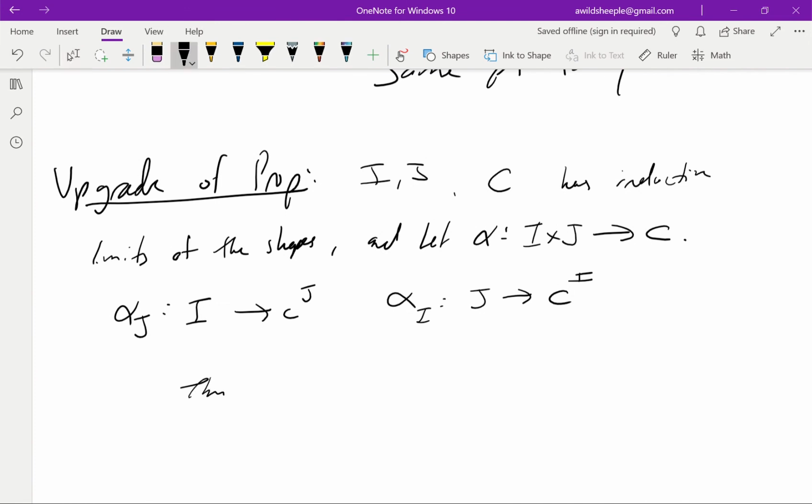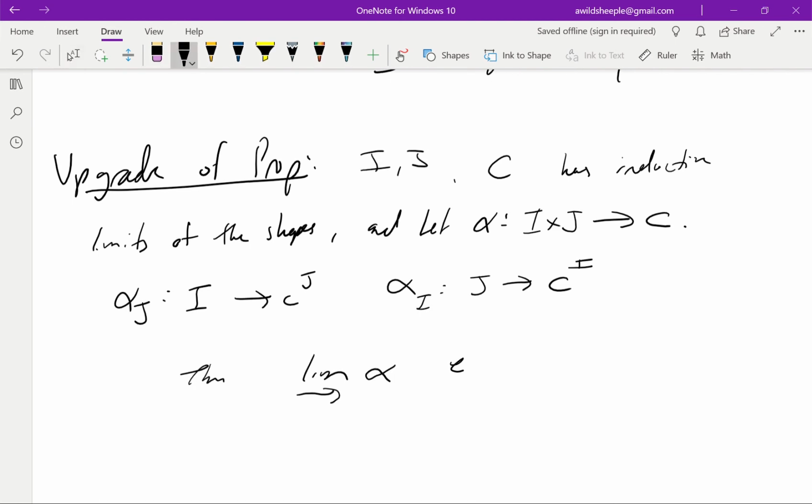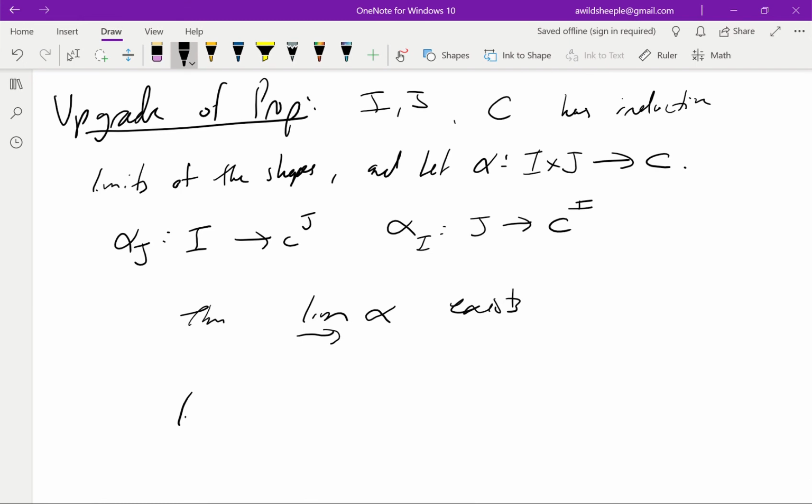Then the limit of alpha exists, and we have some equations. We can do the limits component-wise, first J and then in I, and this computes the whole thing.